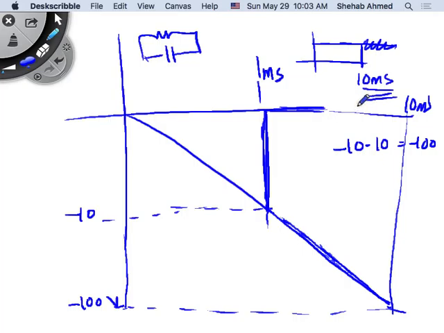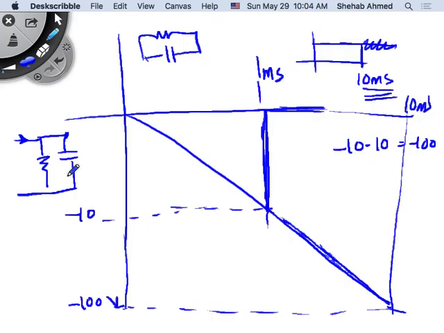It's going to be also minus 100, because of the time constant of this circuit. Remember the time constant. If I keep my current in here for as much time as required so that the capacitor reaches steady state and becomes an open circuit, that happened after 10 time constants, and each time constant was 1 millisecond.